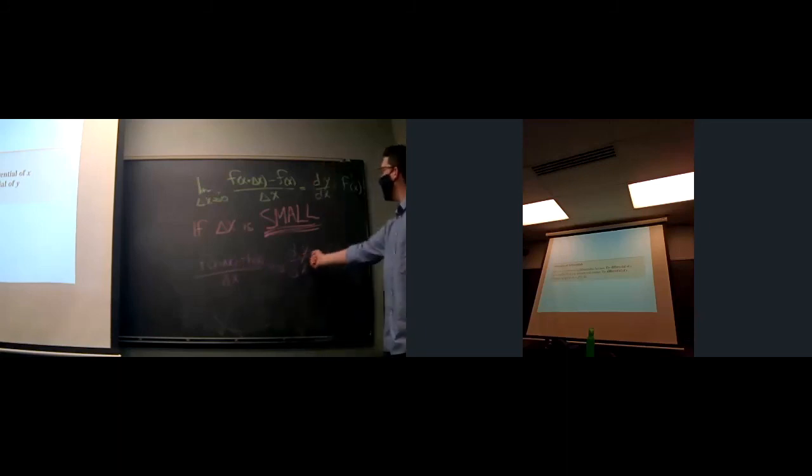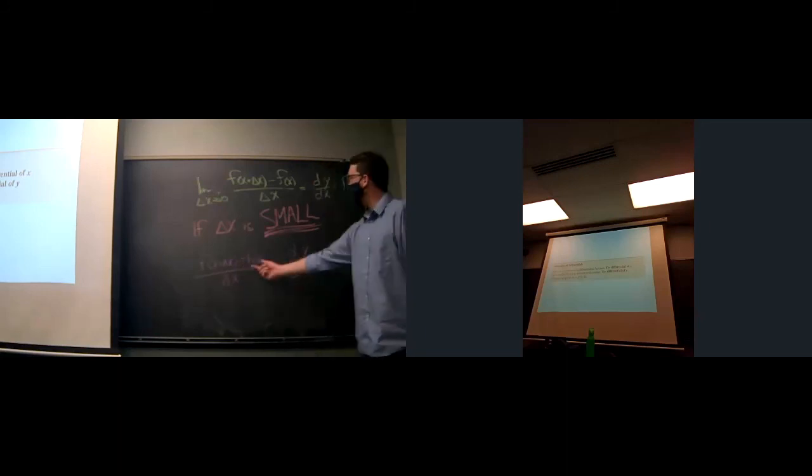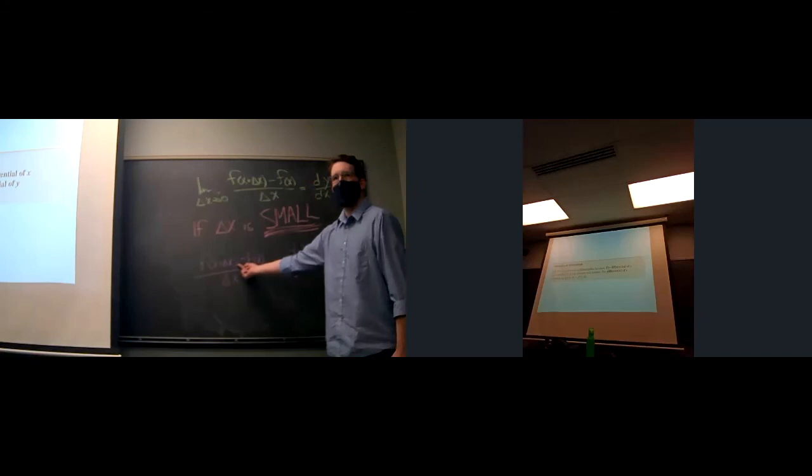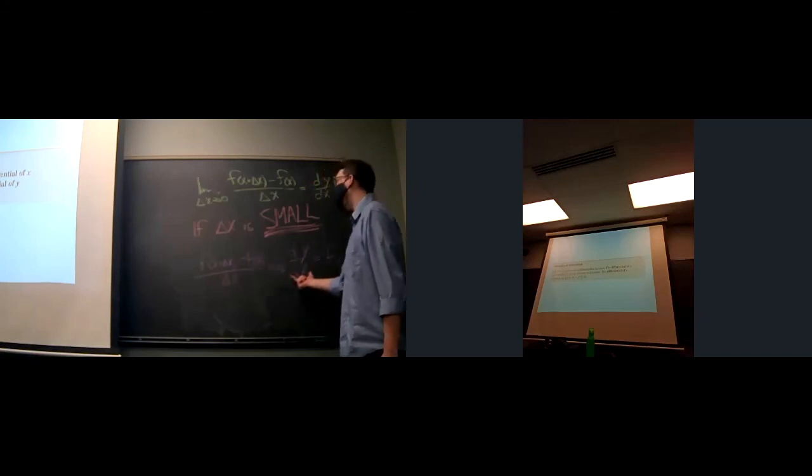So what this dy is kind of measuring is the small change in my y values, and what this dx is measuring is a small change in my x values. So our derivative times dx is the same as the small change in y. Does this make sense?